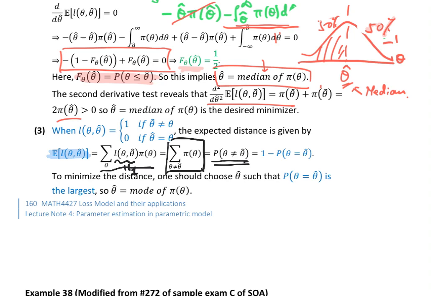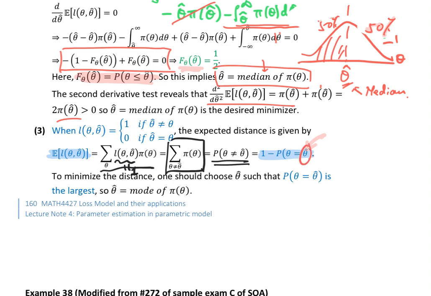Mathematically, it can be written as 1 minus the probability that theta equals theta hat. Our goal is to choose the theta that minimizes this expected value.